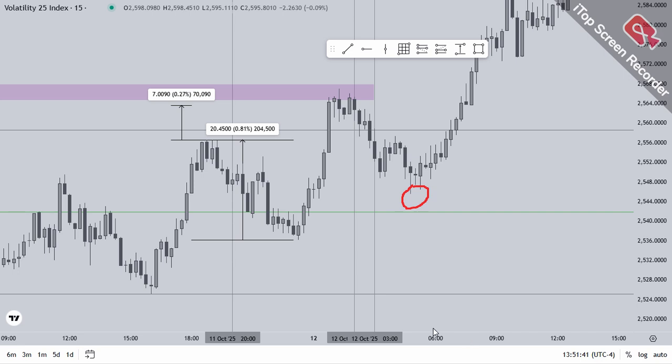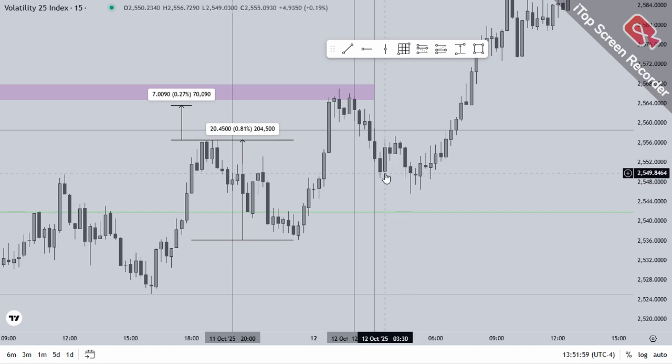I will still apply the same mathematical play there, because now we have this low, and then we had this break of this low.